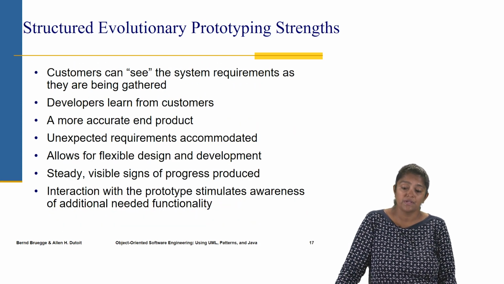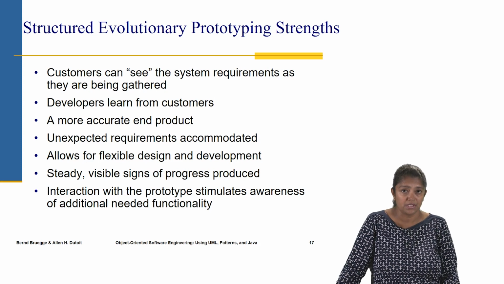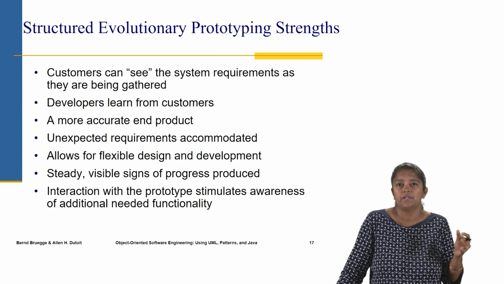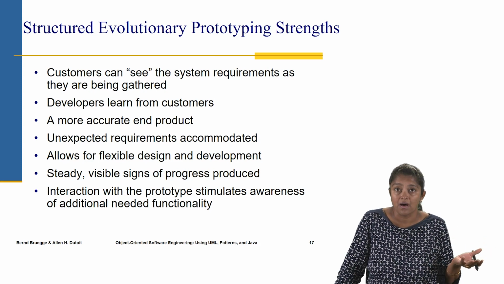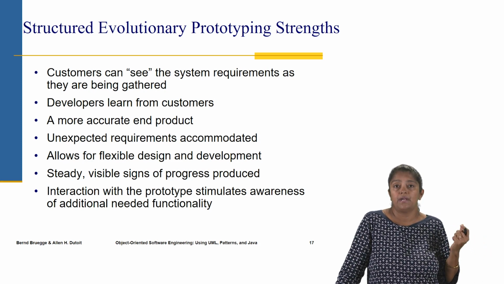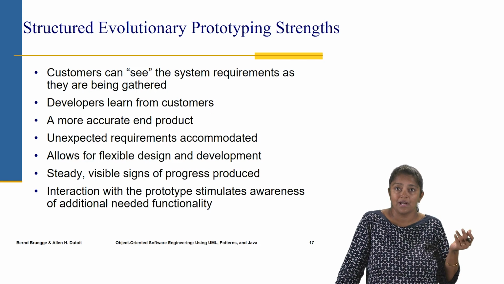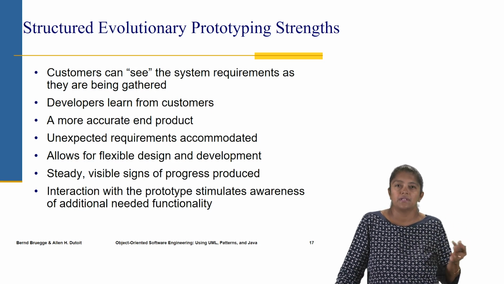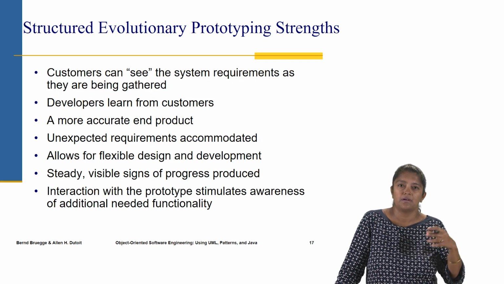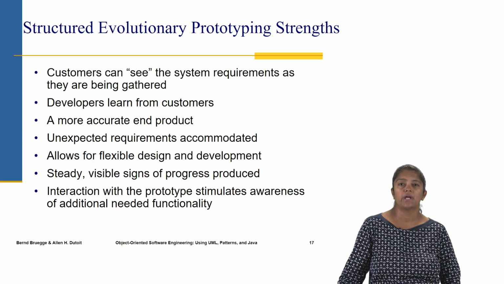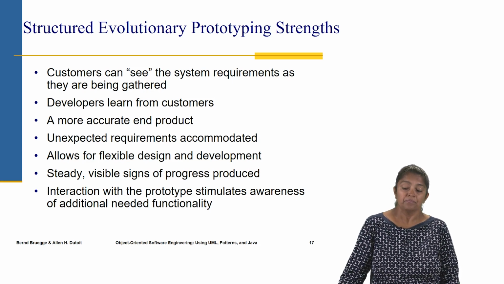So the strength of this model is that the customers get to see their requirements very quickly, and the nice thing is that if requirements are not clear, the developers can learn from the customers, and the requirements evolve as the prototype is being built.